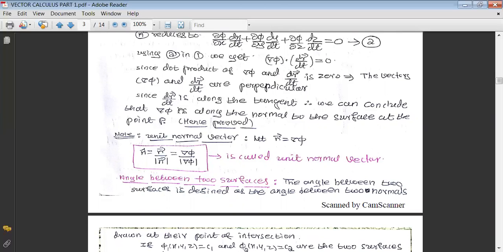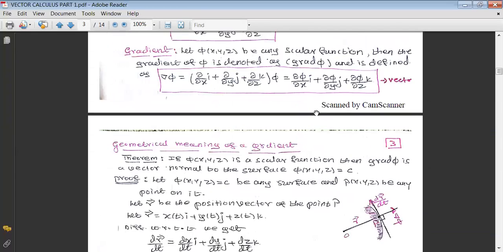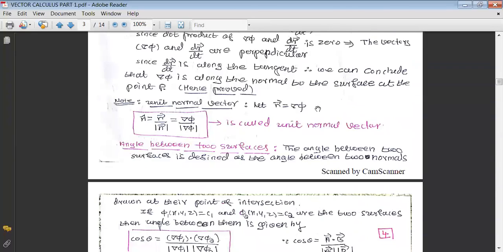Now, once we define this, del pi is the gradient of pi. Suppose I denote del pi as n bar, then the unit vector of n bar is denoted by n cap. By the basic definition, n cap is given by n bar divided by the magnitude of n bar, that is del pi divided by magnitude of del pi.